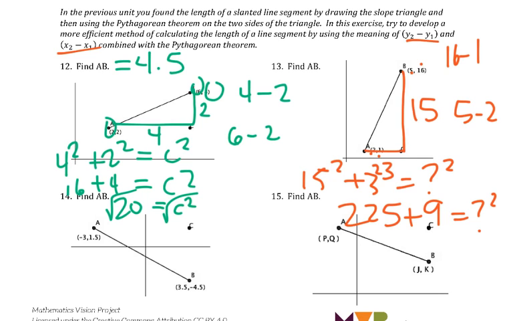So 225 plus 9 gives us 234. Take the square root of that, and AB will equal about 15.297, so 15.3, we'll say.